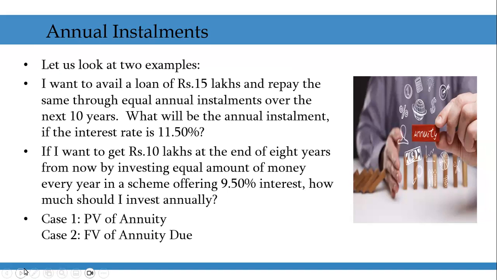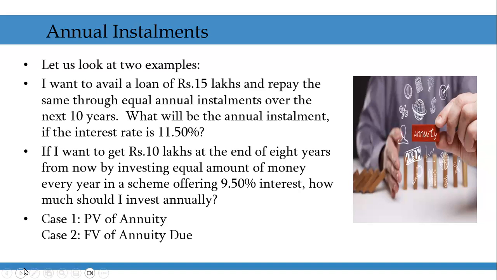The second situation is, I am interested in getting rupees 10 lakhs at the end of 8 years from now. And for this purpose, I am going to invest an equal amount of cash every year into a deposit scheme offering 9.5% interest for the next 8 years. In this case, how much should I invest every year?